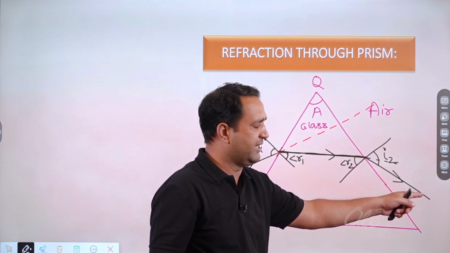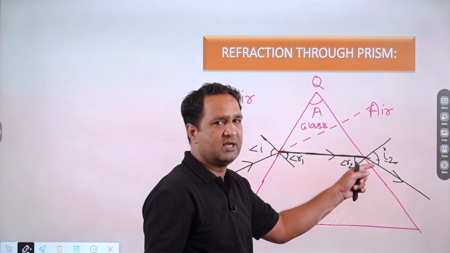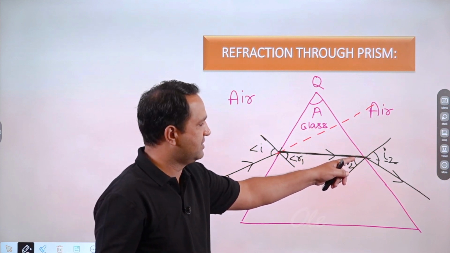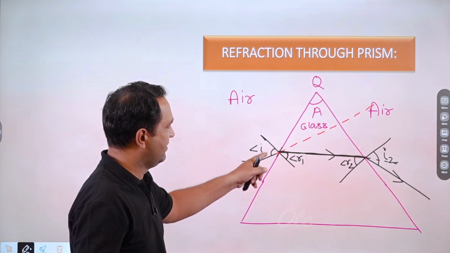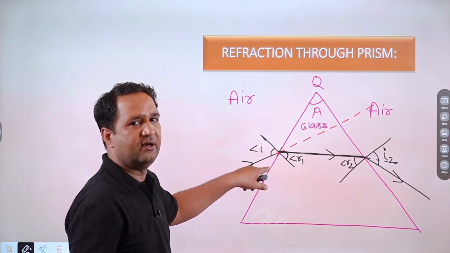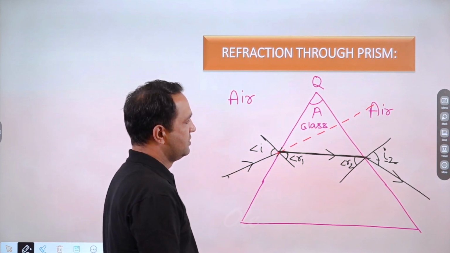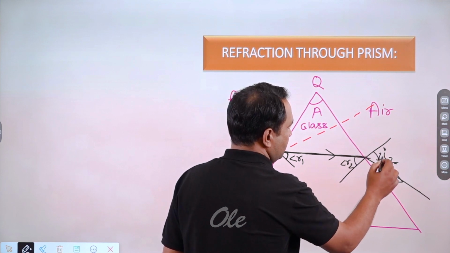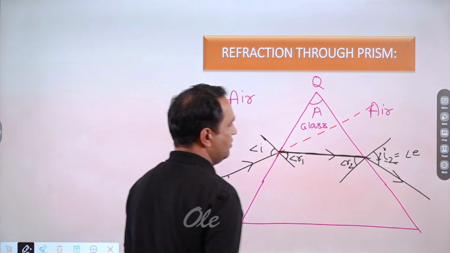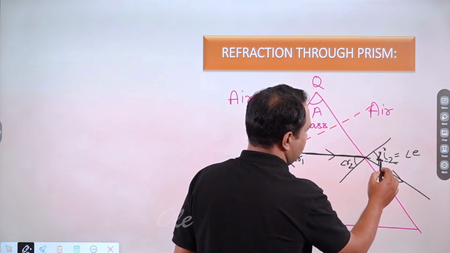Because if we consider this as an incident ray, then this one will be the angle of incidence, and it will follow the principle of reversibility. Means the same path it will follow, and this one will be the angle of refraction, the same, which is I1 right now. That will be the angle of refraction following the principle of reversibility. Okay. So this is angle I2 or angle of emergence, right? It's up to you whether you write I2 or angle of emergence E, anyone.